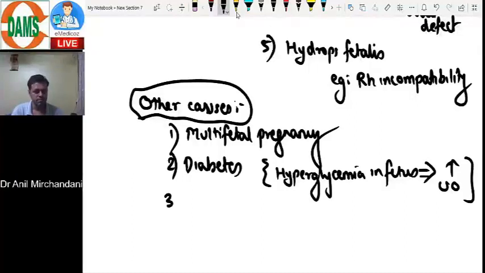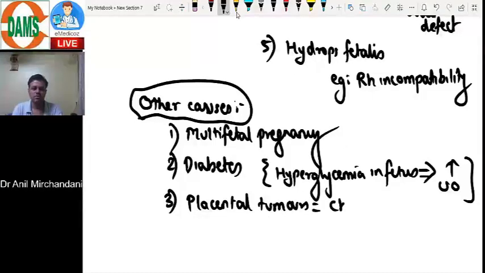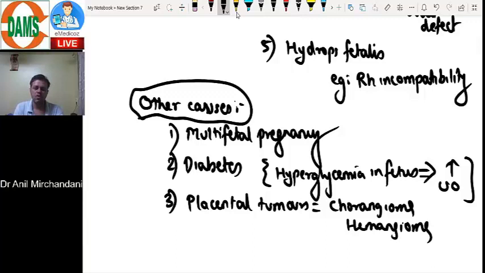Then placental tumors, like chorangioma, hemangioma. So any vascular tumor would lead to more transudation, and that would lead to polyhydramnios.